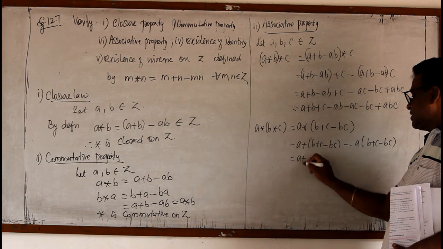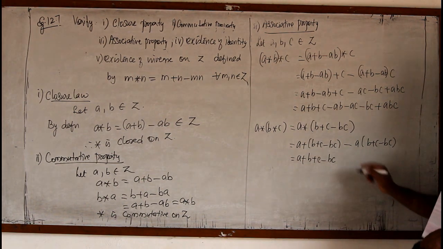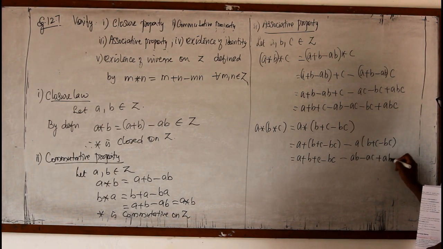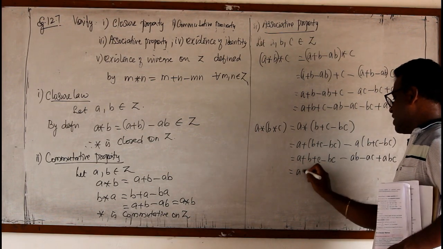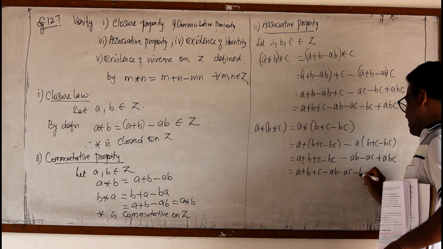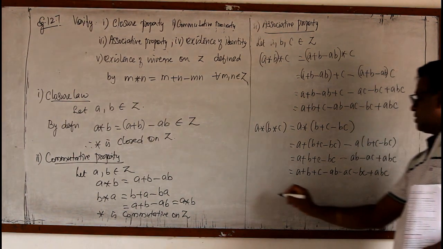Now remove the brackets: it is a plus b plus c minus bc minus ab minus ac plus abc. Is it not a plus b plus c minus ab minus ac minus bc plus abc? Are they equal?